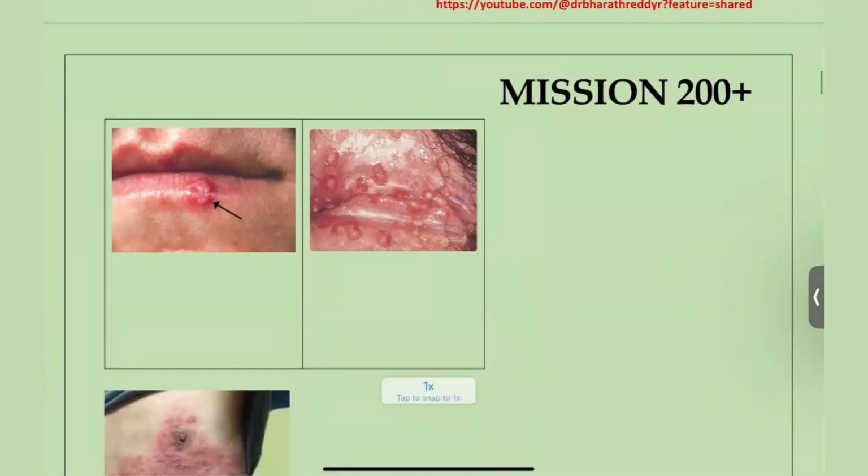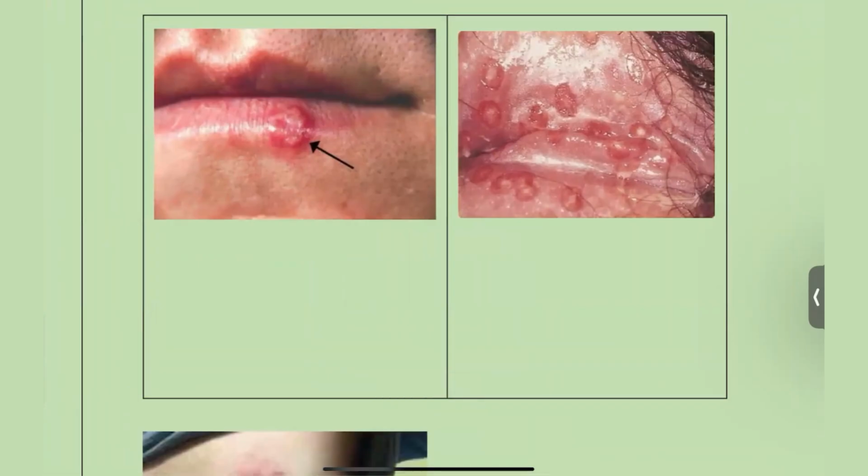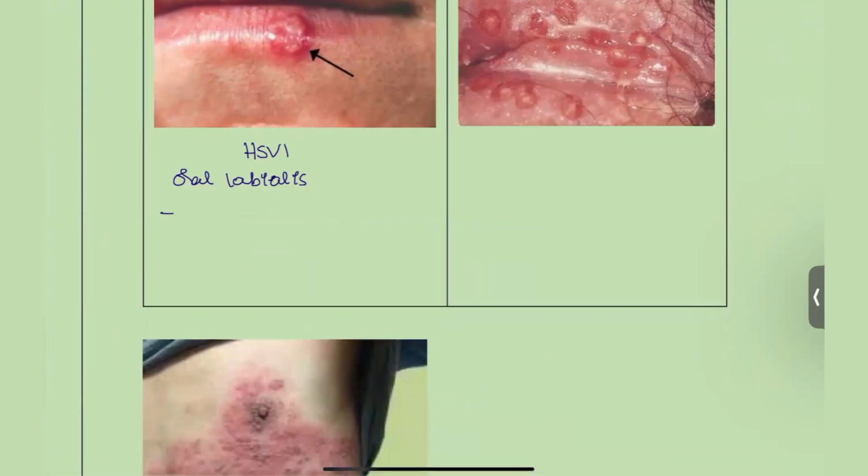Next picture, here you can see this is the cold sore, the herpes, right? Cold sore is also one of the questions asked in the examination. It is caused by HSV1, and this is known as oral herpes or herpes labialis. It is most commonly spread by saliva or direct contact with the lesions. The latency of HSV1 is in the trigeminal ganglia.